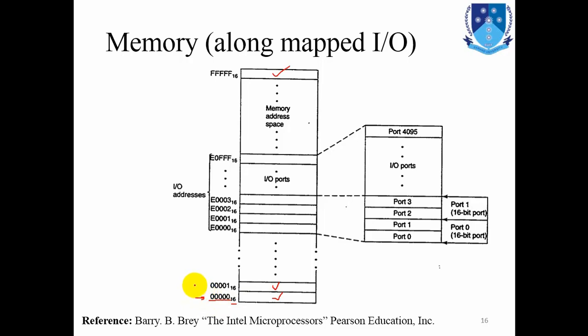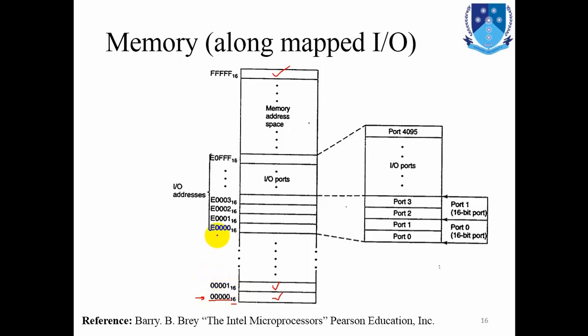Similarly, the address of the second memory location is 00001 in the hexadecimal number system, or you can say 20 bits with the LSB as a 1 in the binary number system.